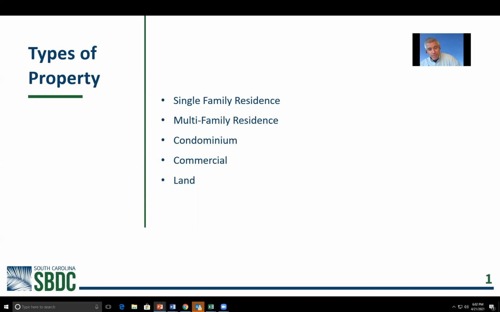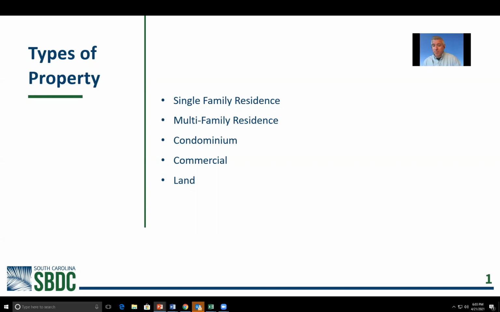So multifamily residences are another type. Generally speaking, you can make more money on a multifamily because the per unit cost of the transaction goes down, and it's just more efficient. There are more efficiencies in it. If you have a single family and somebody leaves, you have 0 rent.